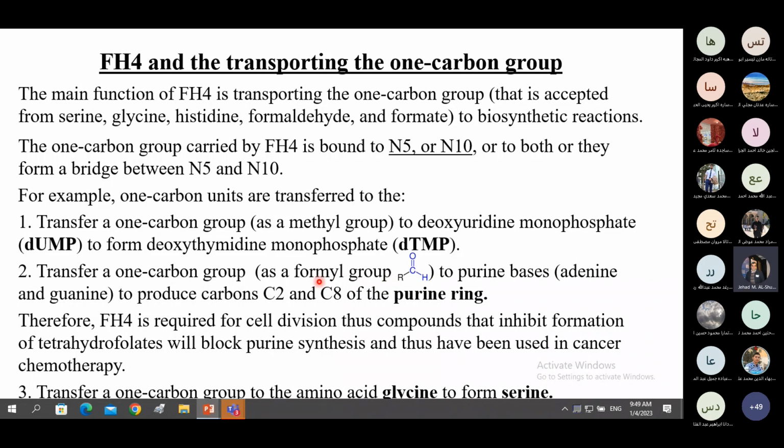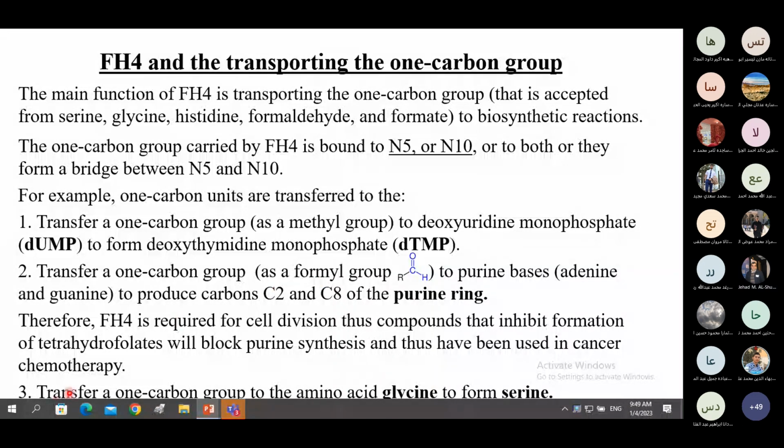This is very important. This is why the FH4 is required in cell division and also for the synthesis and buildup of the nitrogen bases in the DNA and RNA. This is very important.